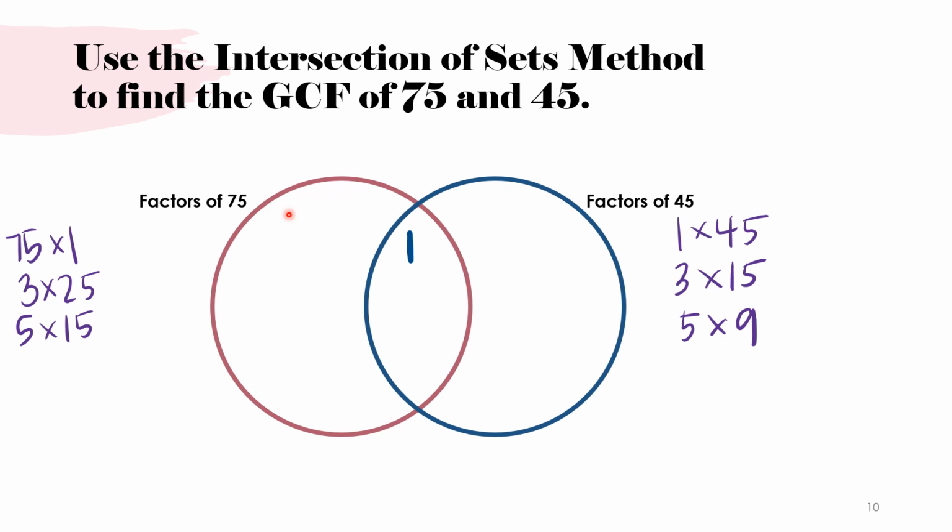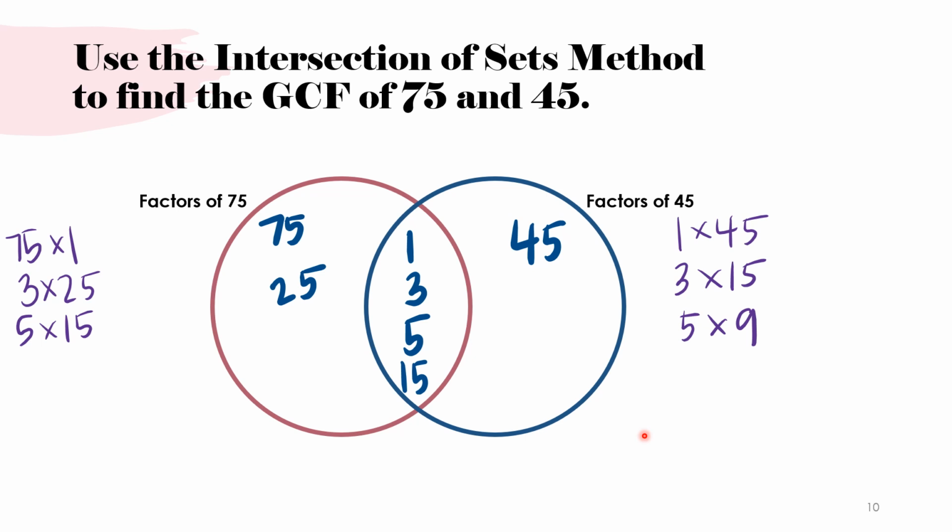All right, so you're going to put the factors that they have in common in the middle. So they both have a 1 in common, they both have a 3 in common, they both have 5 in common, and 15 in common. Then the remaining factors are going to go over on the sides here. So the factors of 75 that remain are 25 and 75. The factors of 45 that remain that were not common were just 45. Now you're going to look at the intersection.